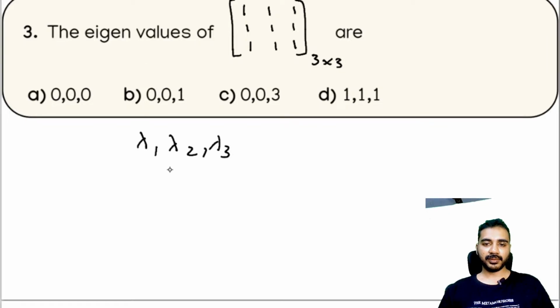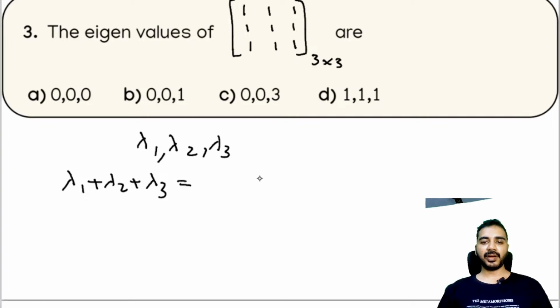Now we can write lambda 1 plus lambda 2 plus lambda 3, the sum of eigenvalues, equal to the sum of diagonal elements, that is 1 plus 1 plus 1, which is nothing but 3.